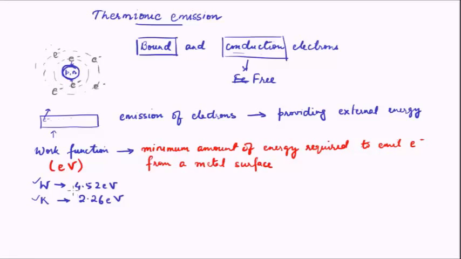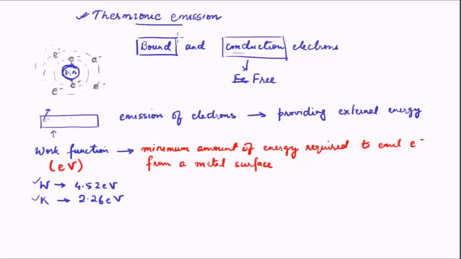Okay, now that we have seen what work function is and how the emission of electrons takes place, let's see our point of discussion of today, that is thermionic emission. As the name suggests, therm refers to something related to heat and ions are charged particles, emission is emission.